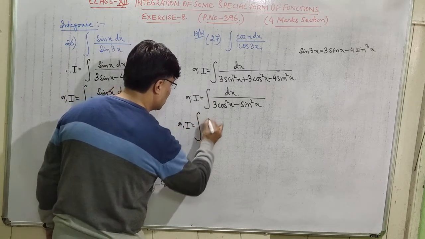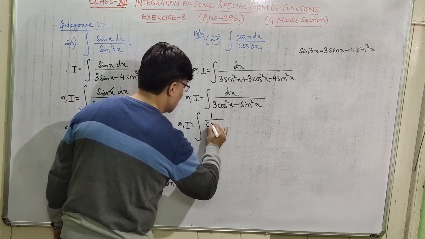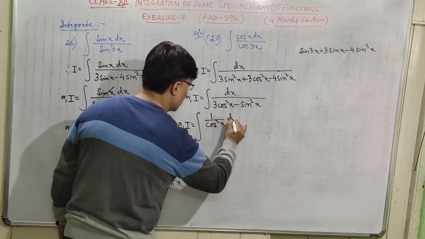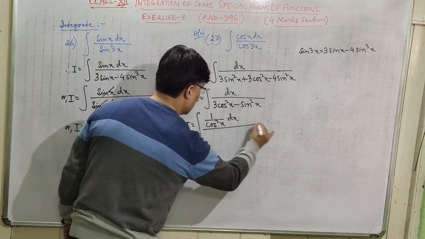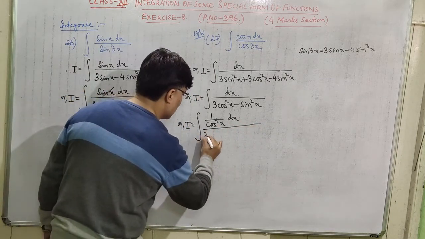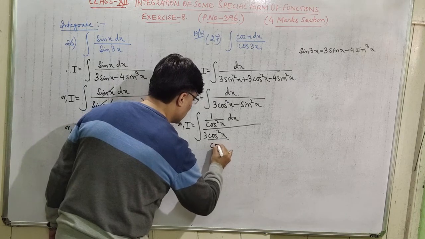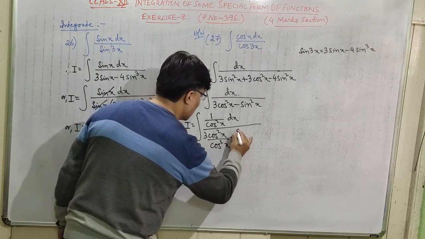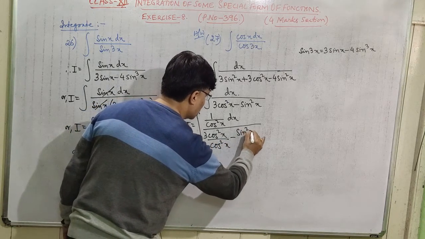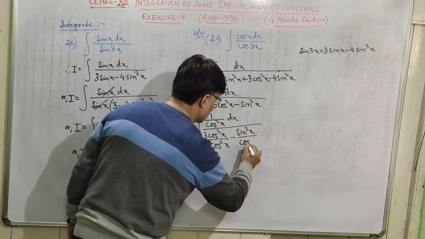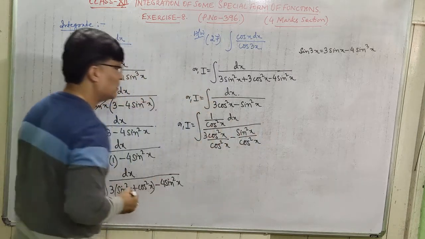Or I is equal to the integration of 1 by cos square x dx. In the denominator also you should divide it by cos square x. This is 3 cos square x divided by cos square x minus sin square x divided by cos square x.